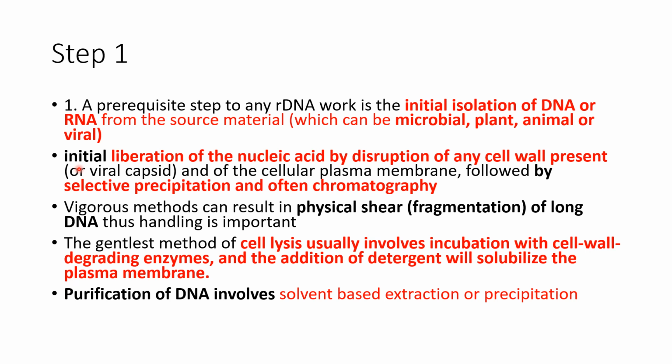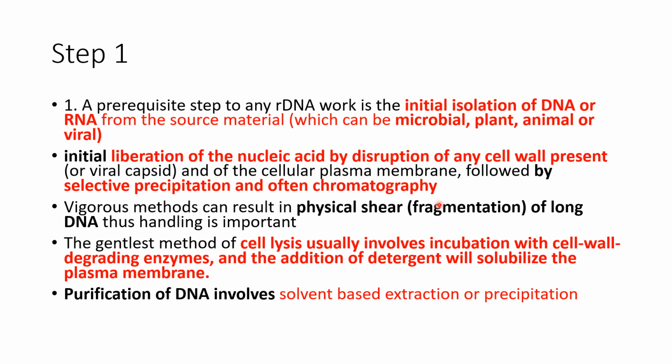For example, let's go with the DNA that codes for insulin. The initial release of the nucleic acid is by disruption of the cell wall and also the cellular plasma membrane, followed by selective precipitation and often chromatography. First, where are we going to find this DNA? This DNA is found in the nucleus.